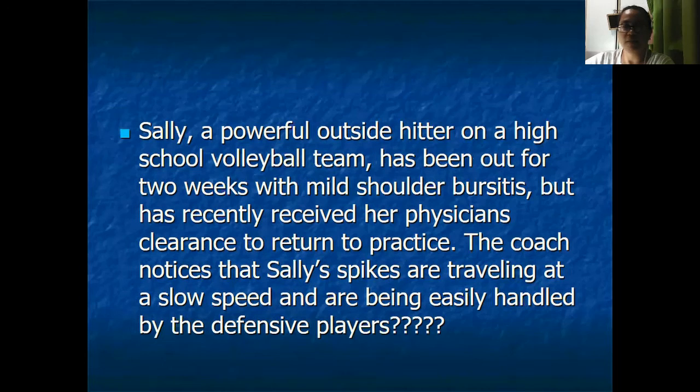This is an example of Sally, who has bursitis, a mild shoulder injury mostly experienced by volleyball players. Once there's an injury in the shoulder, the force applied to the ball is lesser. It lowers the speed and the force, so the defenders can easily take it over.